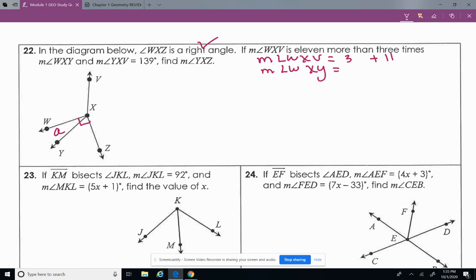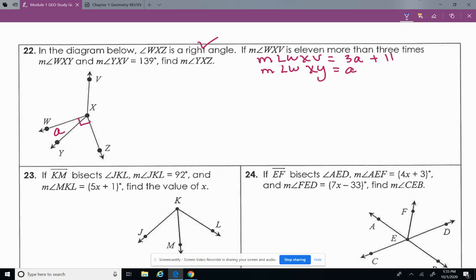So the measure of WXY is going to be A. So let me go back to WXV. If the measure of WXV is 11 more than 3 times the measure of WXY, which is A, and the measure of angle, I'm going to try to get a different pen going on here so I can trace it.